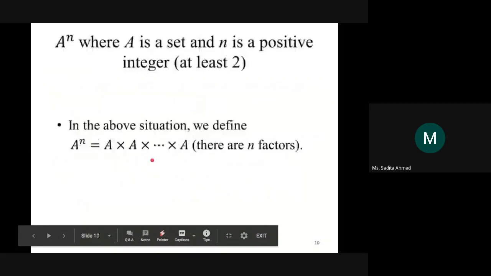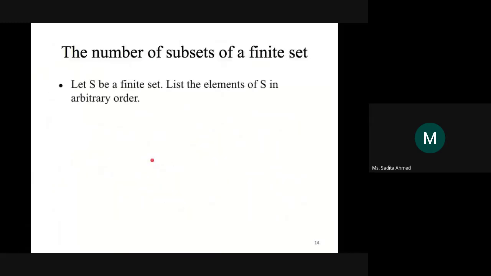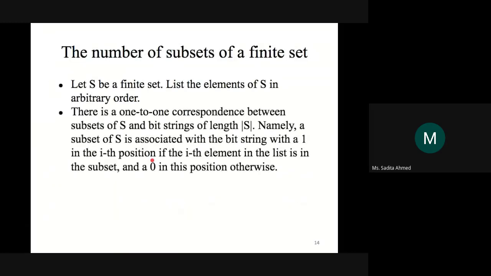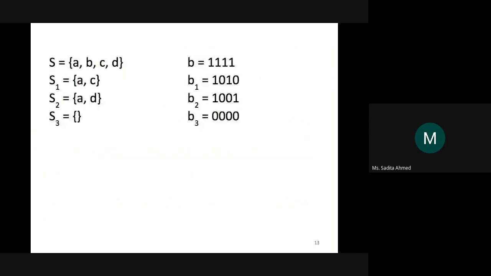If we draw a parallel between the bit string and the subsets of a finite set, we can say that the number of subsets of a set is equivalent to the total number of bit strings that can be formed, with length the same as the size of the set. So the size of the set is 4.